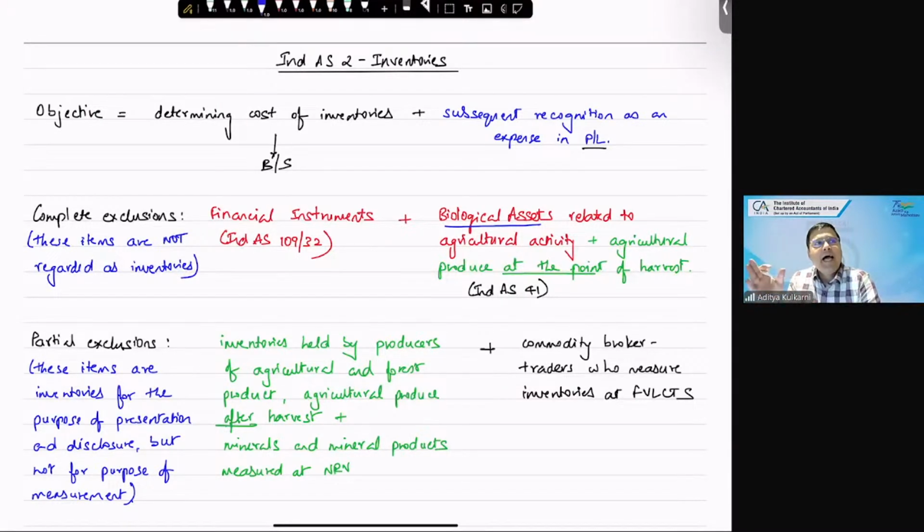Now, an entity which is dealing in agriculture may probably trade in cattle, so cattle will become an item of inventory probably. That is covered under the agriculture standard. I'm not going into those details right now, I'm giving a very rudimentary picture. It may appear that they sell and buy cattle.